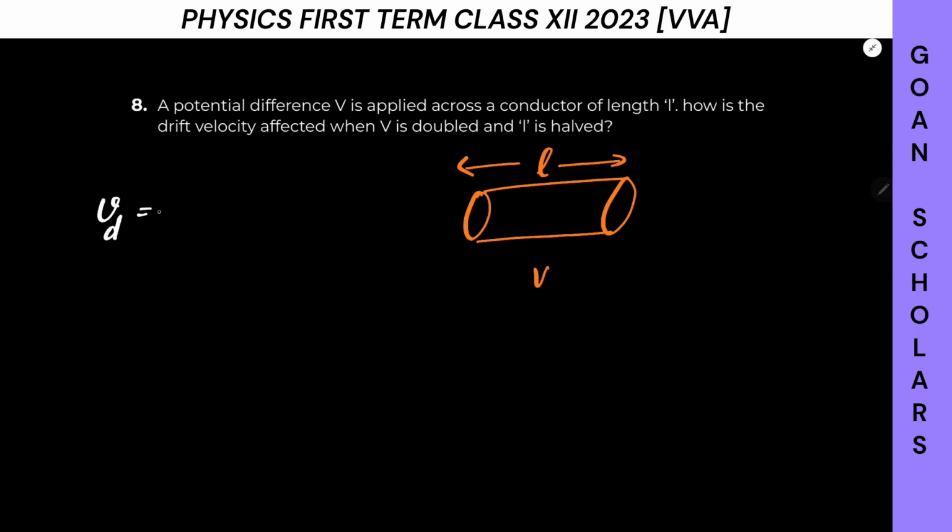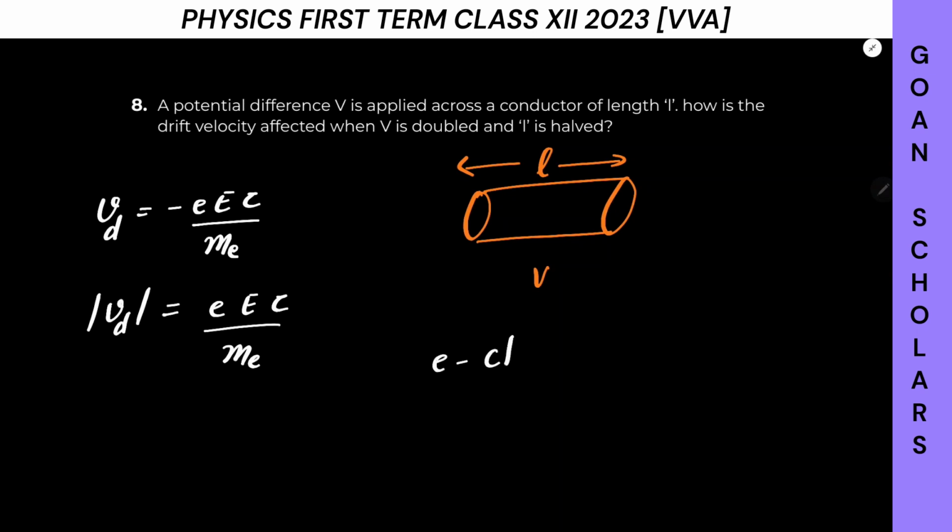Our drift velocity Vd is equal to minus E tau by mass of electron, Me, right? And if I take the magnitude, ignoring the negative sign, it will be E tau by Me. Let's talk a little about the other variables here. Let me write here, e is the charge of the electron.